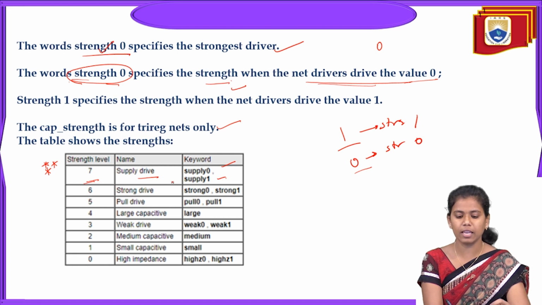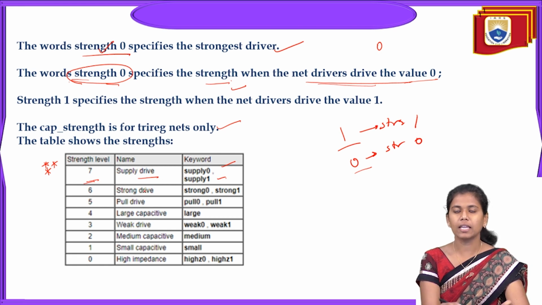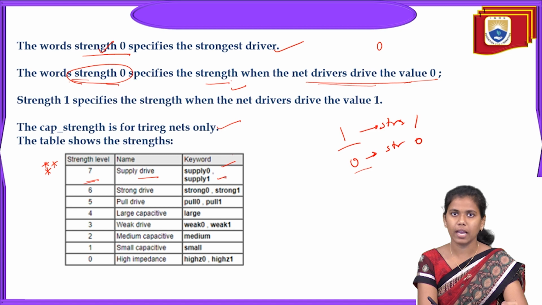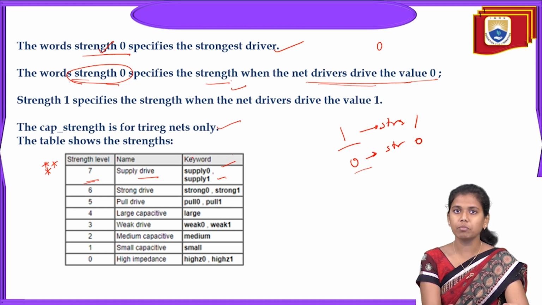Based on the strength level, the name of the strength is given, along with the keywords suggested to write in a program. For strength value 7, the keywords are supply 0 and supply 1, and the name is supply drive.